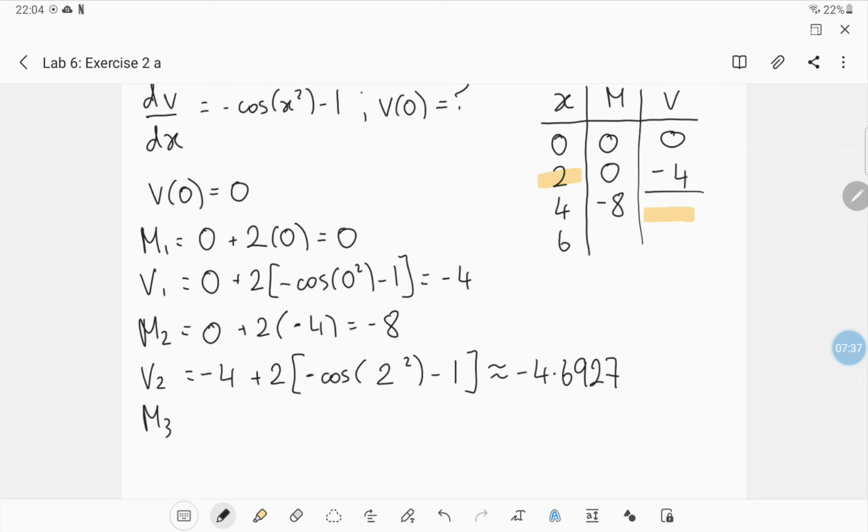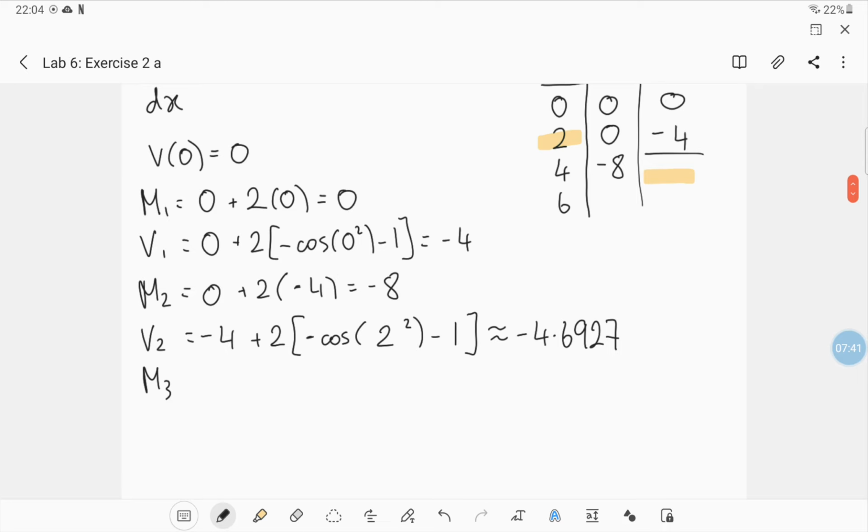Well, the 0th point is the initial, and then the first point, second point, third point is the previous m value, which is minus 8, plus step size 2 times previous v value, which is minus 4.69271. And to five significant figures, I'm getting minus 17.385.